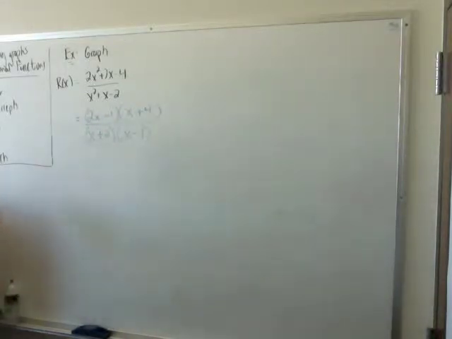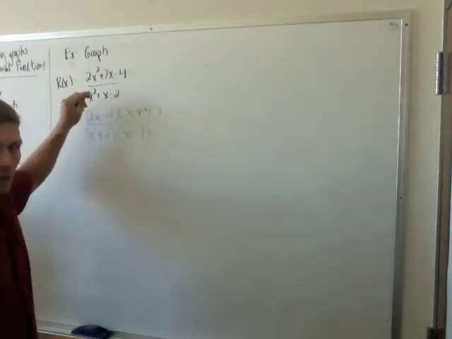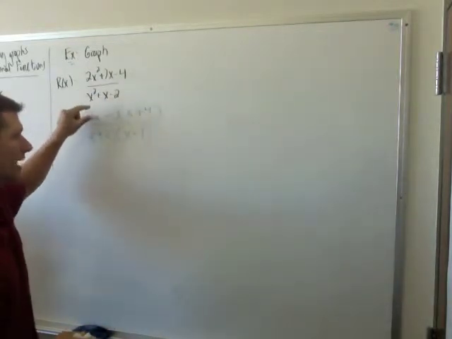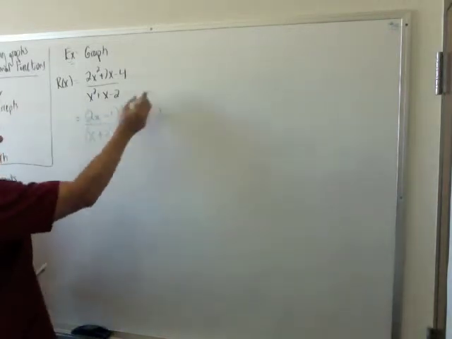I'm going to put it over here, save some room. So intercepts, let's do the x-intercepts first. When do the x-intercepts happen? Well, that means when my height is 0. Well, this is a fraction, right? When is a fraction equal to 0? That only happens when the numerator is equal to 0.